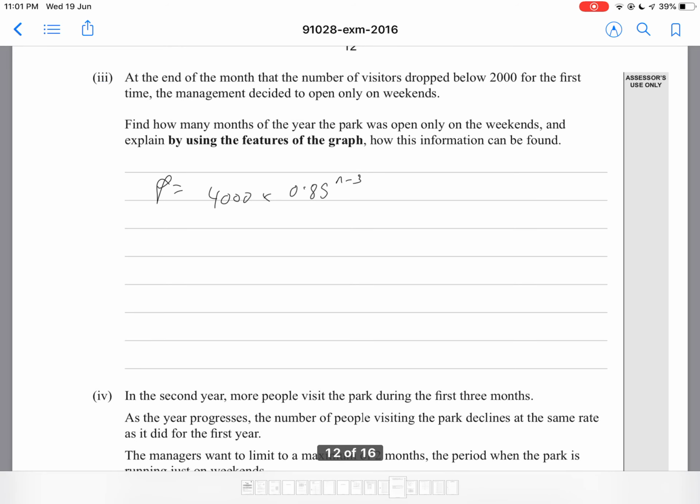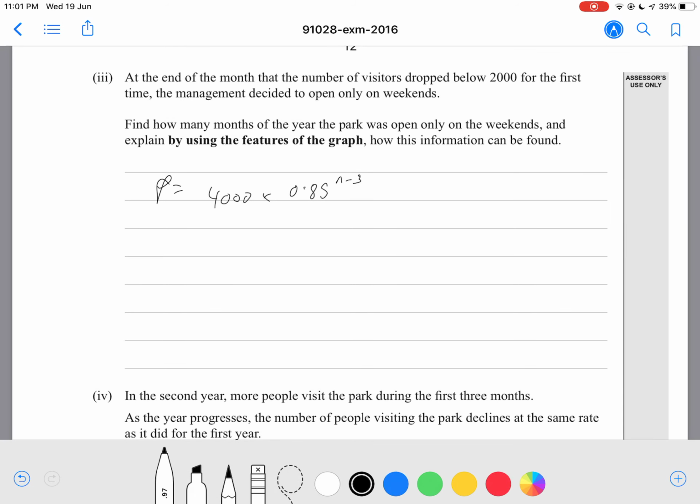So how long will it take for the visitors to drop below 2,000? We'll make the number of visitors, our p-value, equal to 2,000.